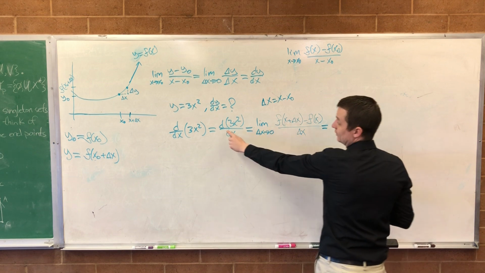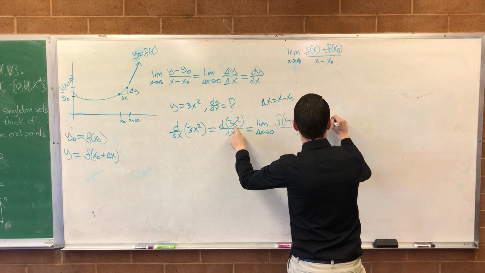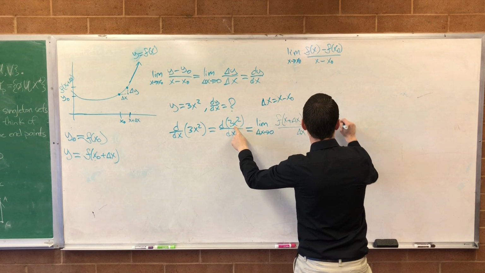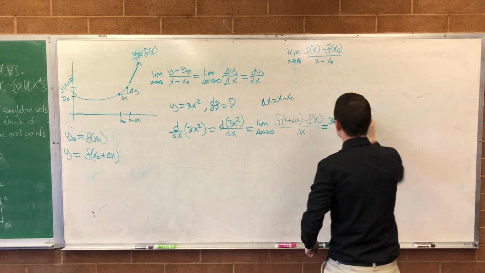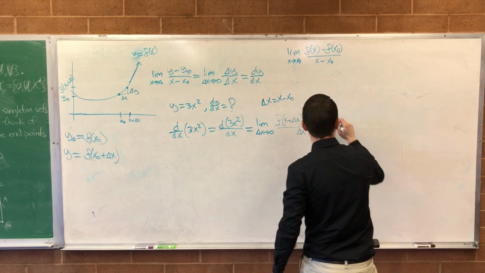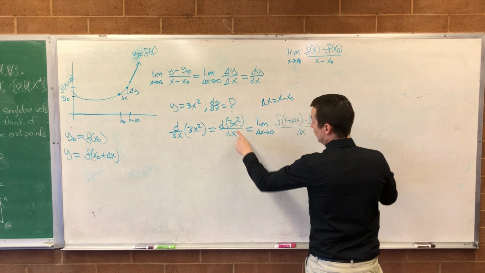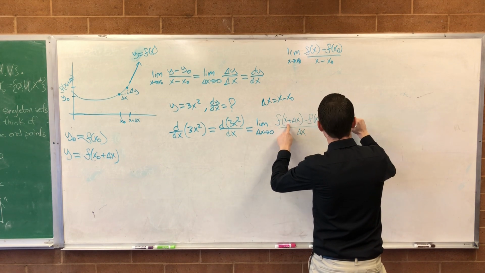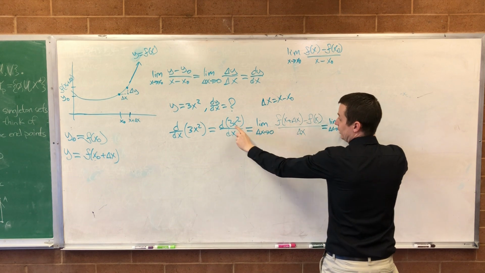So now, let's write this out for this particular function. What is f of x plus delta x? We're going to be taking the limit of this though, so let me write my limit first. The limit as delta x approaches 0 of, plug in x plus delta x into this function.